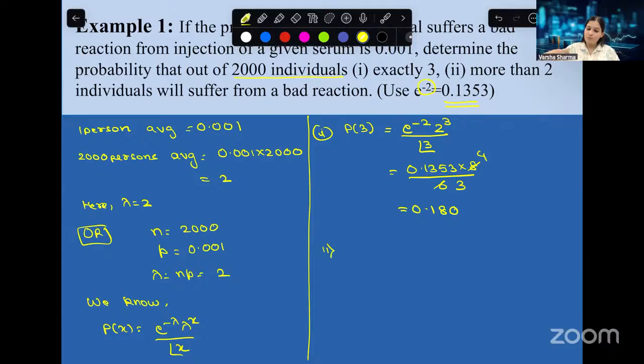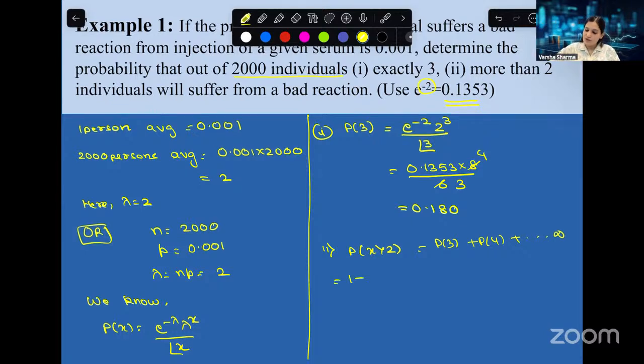Number 2. I want more than 2. Probability more than 2. That means I want 3, 4, up to infinity because x can go till infinity. But I cannot calculate that. So whenever they ask me in Poisson to calculate anything more than, we'll always do it by 1 minus. The counting starts from 3, that means till 2 I don't want. So 1 minus P of 0, 1, 2.